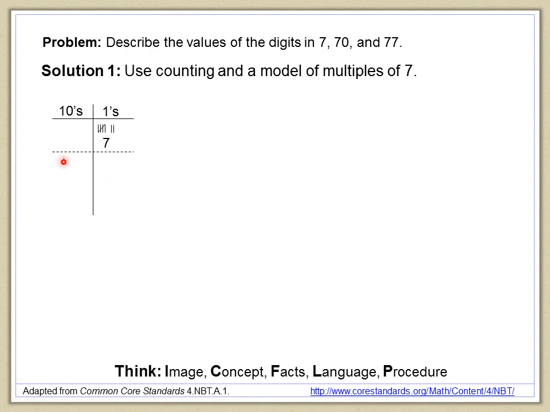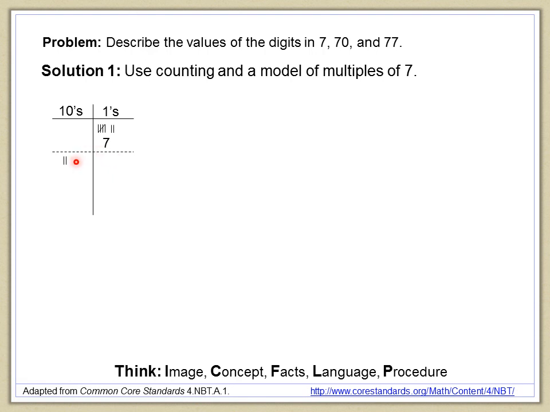So this group of 10 ones is represented as a single tick in the tens column. And now if we keep going and count another 10, we will do this again and take these 10 individual units, and instead of continuing in the ones column, we'll move those over as one group of 10 in the tens column and nothing in the ones column.